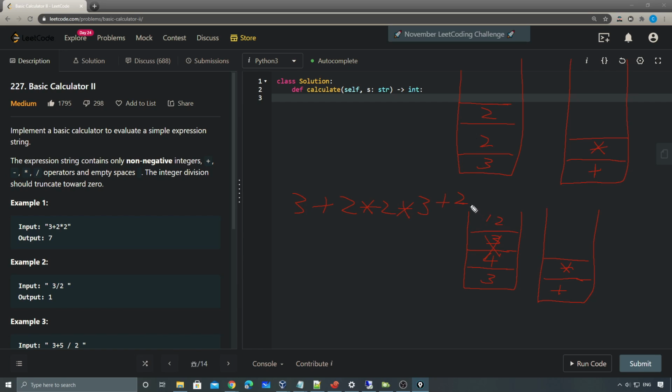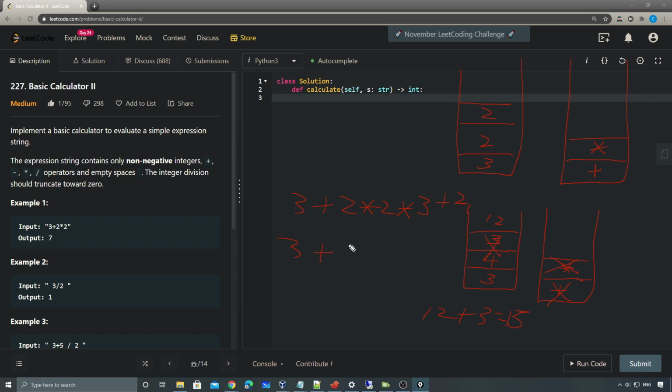The plus is still not greater than the top one, so we do a plus, which will be 12 plus 3, which is 15, and then this is gone. In the end, the 15 is our final answer.